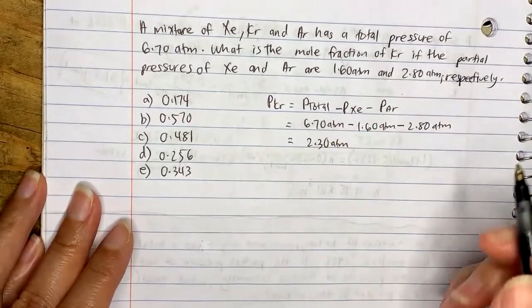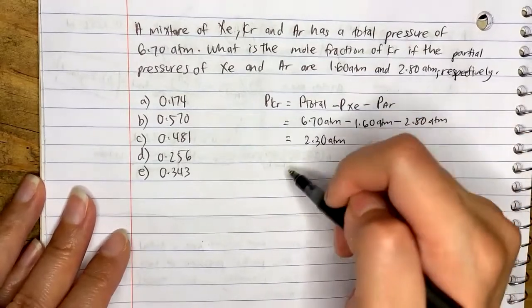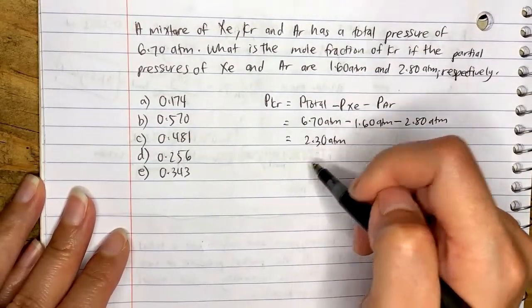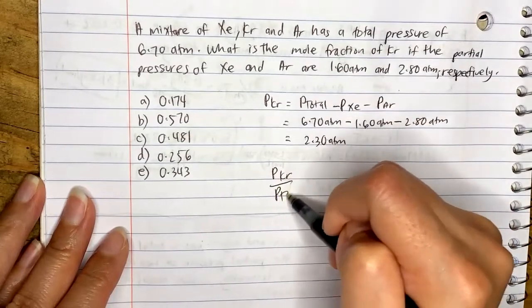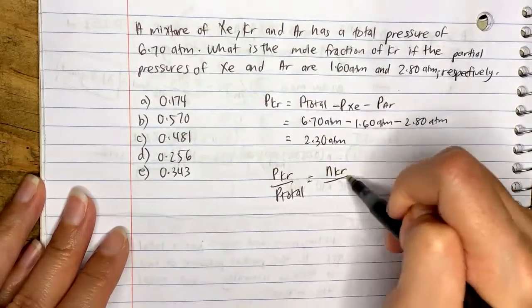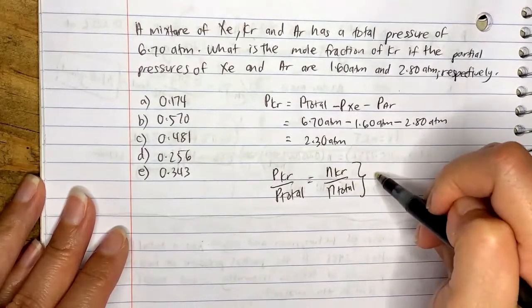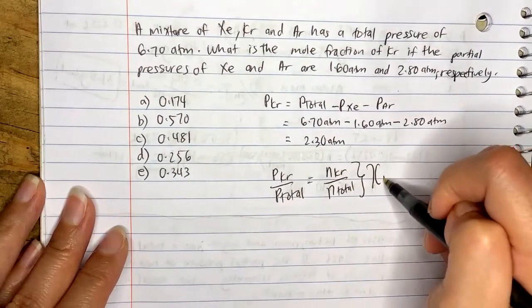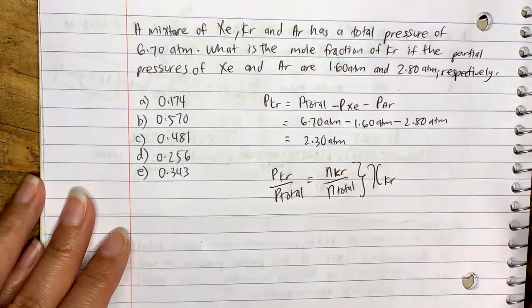Remember, in the previous slides we said that if you wanted to get the mole fraction, P of krypton over P of total is equal to n of krypton over n total, which is really just the mole fraction of krypton.